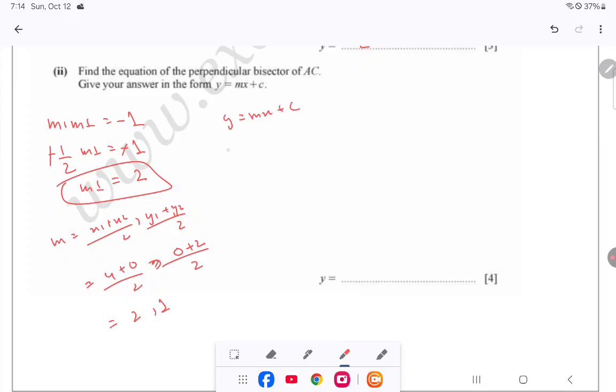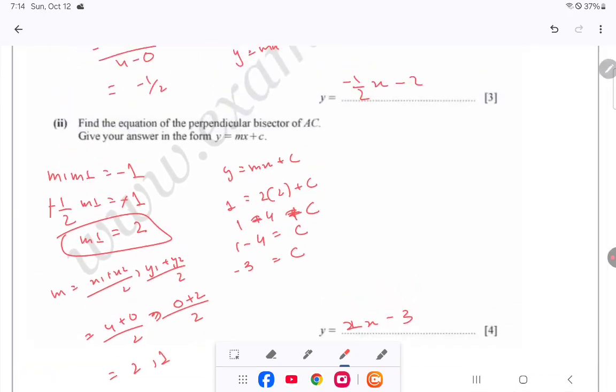Y we calculated is 1, slope is positive 2, x is 2, plus c. 1 is equal to 4 plus c. Subtract 4 from both sides. 1 minus 4 is equal to c. Negative 3 is equal to c. With the values, m is 2, so y equals 2x plus c, which is negative 3. This is our line equation. This is our part 2.